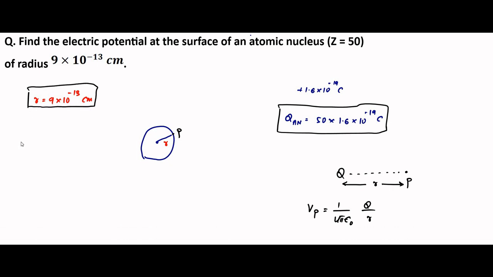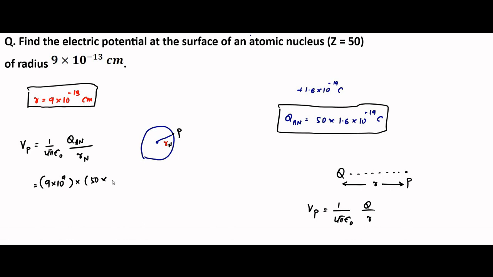So the potential at the surface, at this point, is equal to 1 by 4 pi epsilon 0 times total atomic nucleus charge by radius of the nucleus. Let's call it Rn, radius of the nucleus. The 1 by 4 pi epsilon 0 part is equal to 9 into 10 to the power 9.